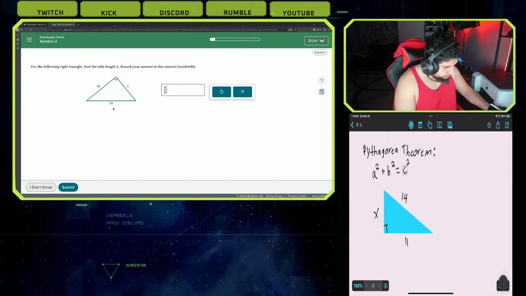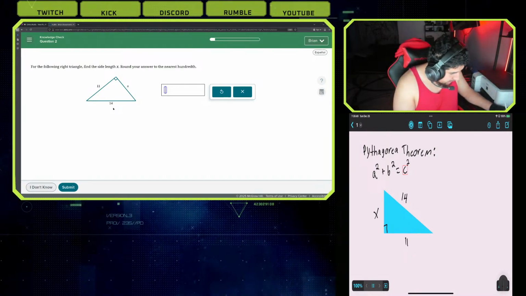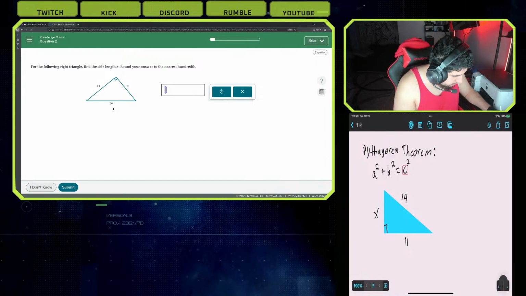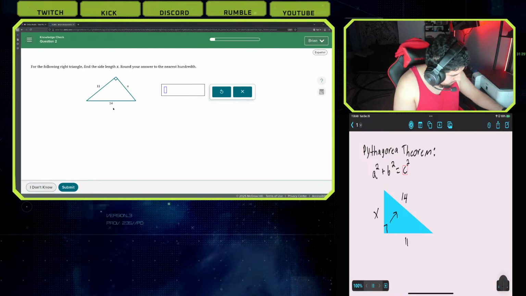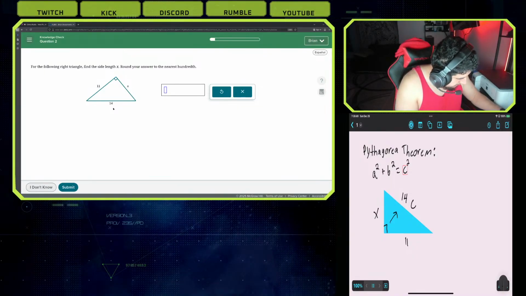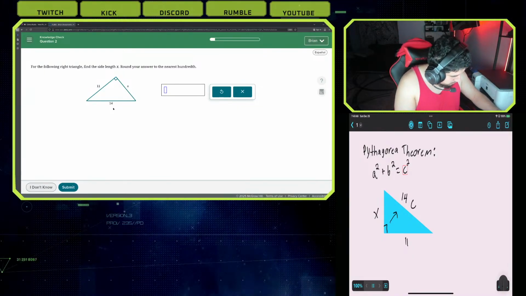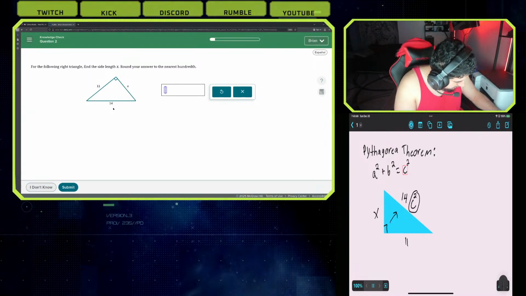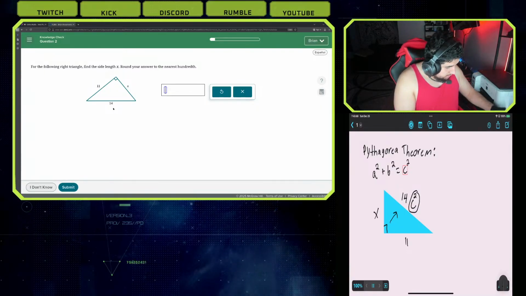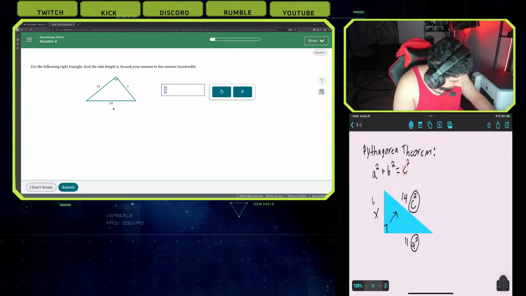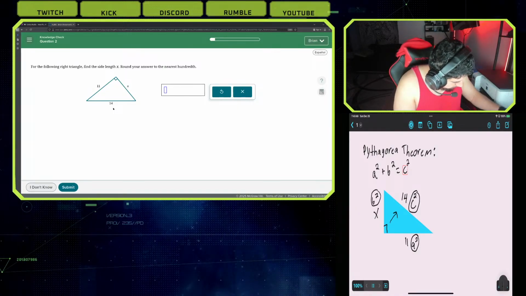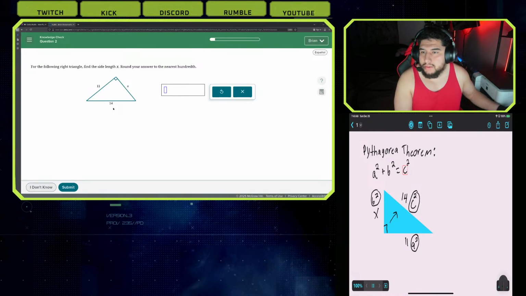So, the opposite side of the right angle is the hypotenuse. Alright? Or c. So, c squared is right here. And then this could be a squared, and this could be b squared. It doesn't matter, as long as you know the hypotenuse.